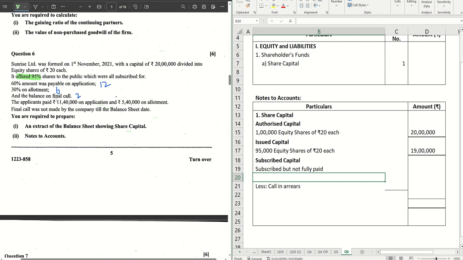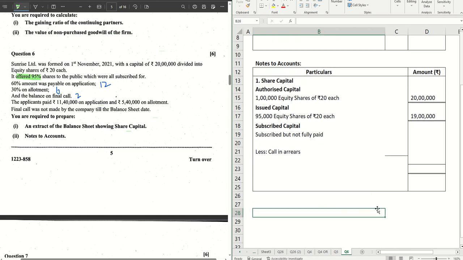Let's do the calculation, a simple math. 95,000 shares into 12. We have to check whether we received the entire application money. 95,000 into 12 is 11 lakh 40,000, which was the application money received. So no defaulter here. Let's check allotment. 95,000 into 6 is 5 lakh 70,000.